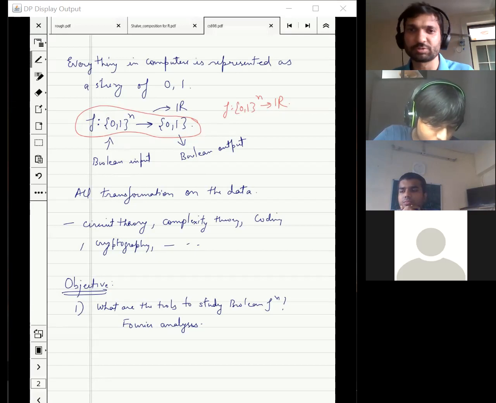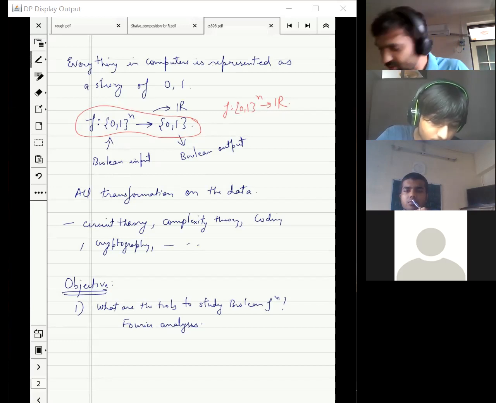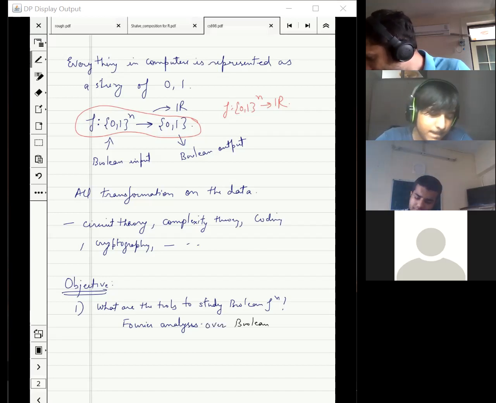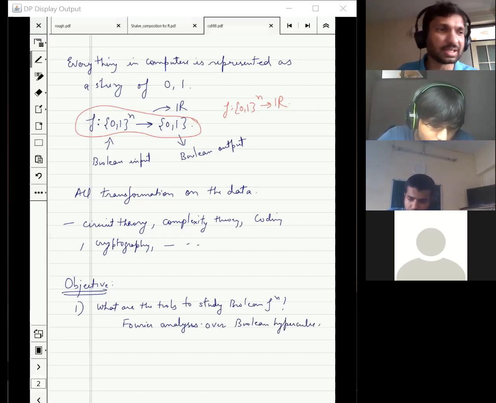It's not that important, but after that, it's an entire field in itself. It's called Fourier analysis over the Boolean hypercube. This way we will find out many properties of Boolean functions and see how to measure their complexity, how to evaluate them, and things like that.